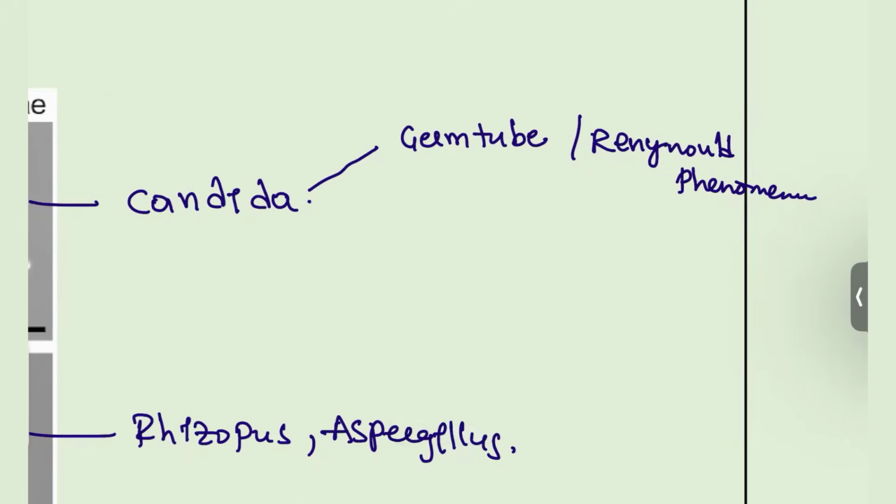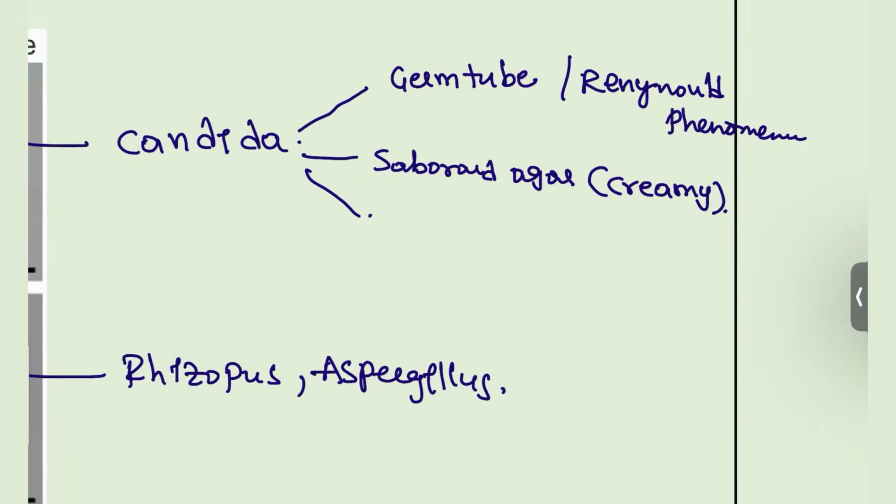Also other tests you have to remember: it is also positive on Sabouraud agar, where it forms creamy colonies, and also on chrome agar for the differentiation of Candida species.